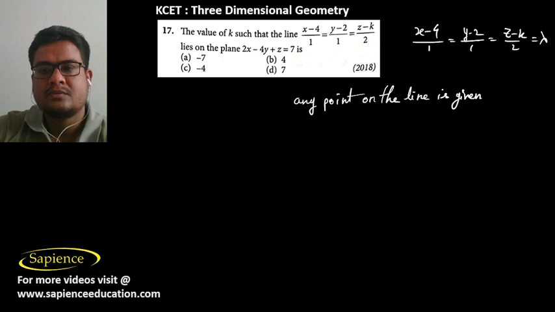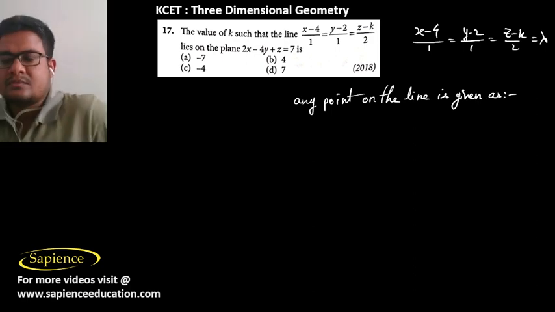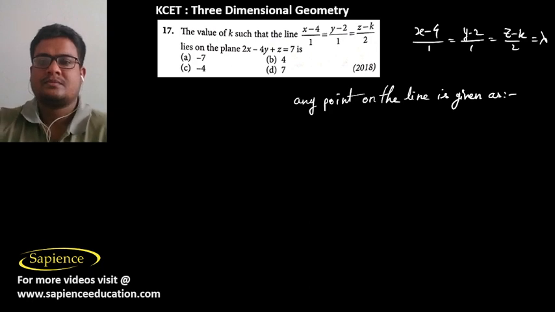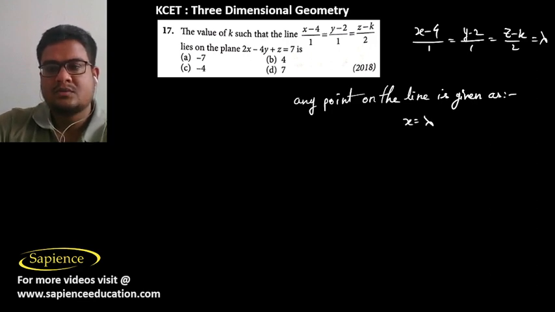Any point on the line is given as x is equal to lambda plus 4 and y will be equal to lambda plus 2, z will be equal to 2 lambda plus k.